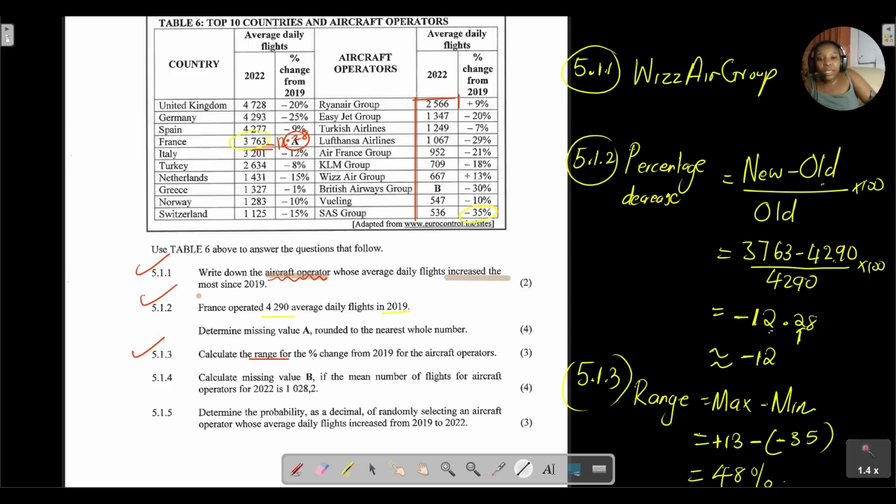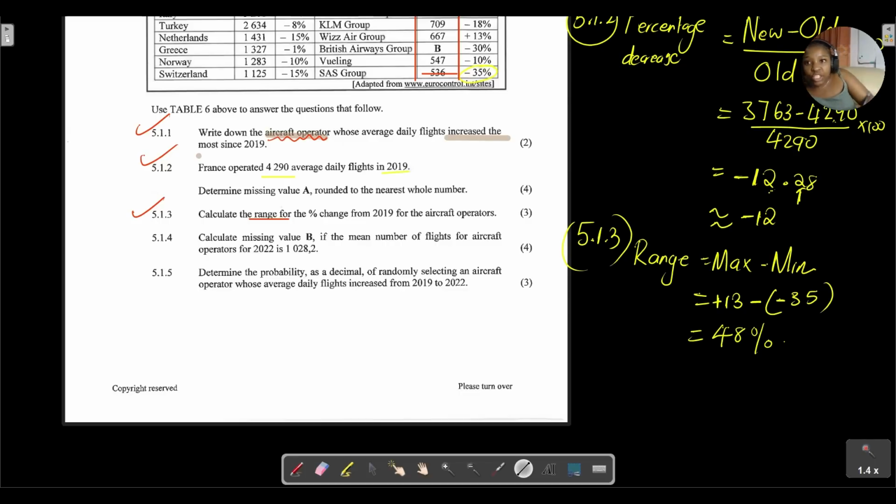We know that the mean is equal to the sum of all of those average daily flights divided by the total number of values that we have there. Okay, so we're just going to use that. So question 5.1.4, mean is the sum of all the values divided by the number of values.